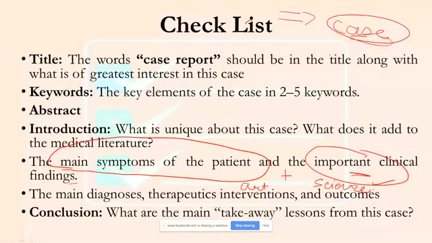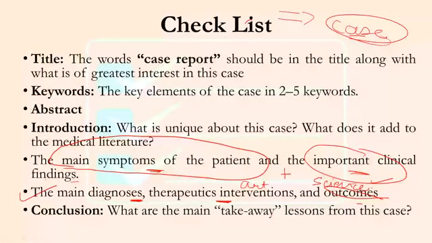So, main diagnosis, therapeutic intervention and outcomes. Diagnosis: what you are treating. This is the diagnosis of the patient, this is the diagnosis of the disease. What interventions you gave to the patient or the patient took, and what the outcome was, what the learning part was, and what the main takeaway lessons from this case are.